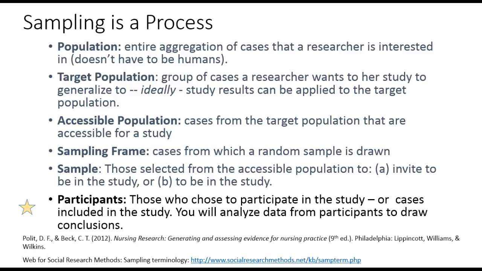And this process of sampling is used to select that sample, but then it's those participants, those members of the sample, who are actually in your study. And it's the participants that you have data for that you will analyze then to reach your conclusions.